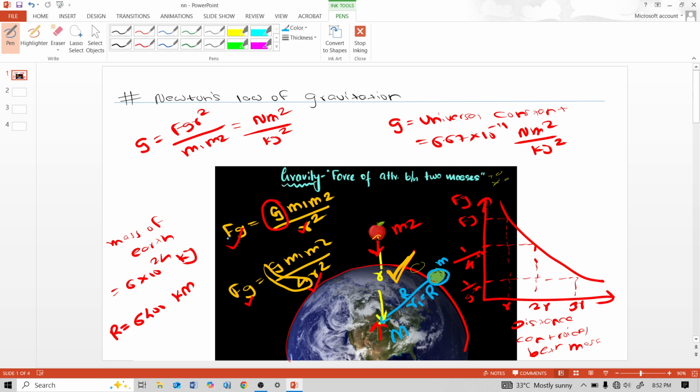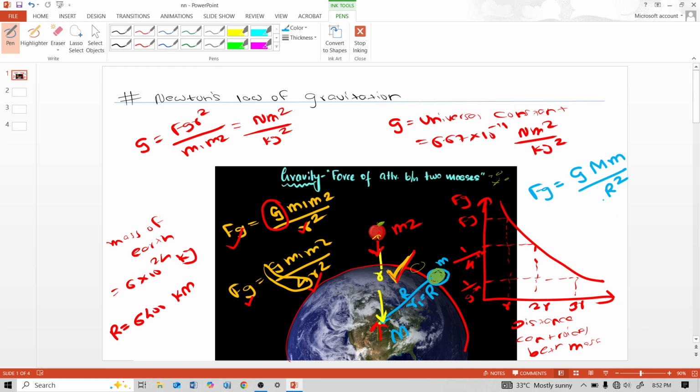Then the formula will change: Fg is equal to the gravitational constant G times the mass of earth M times the small mass of stone m, upon the centroidal distance between stone and earth, capital R, squared.